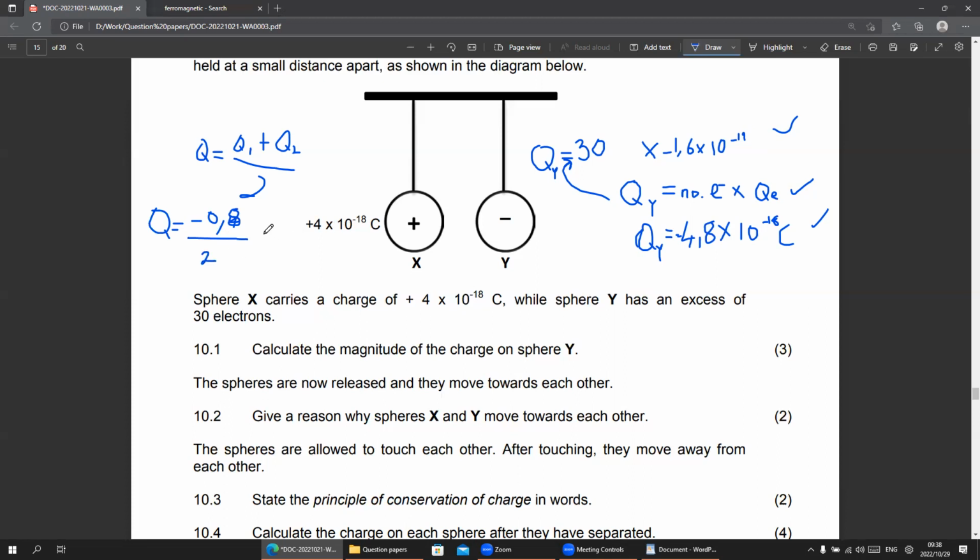So the final charge on each sphere is gonna be negative 0.4 times 10 to the exponent negative 18 coulombs.